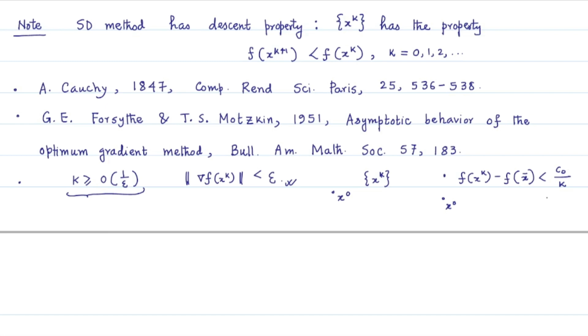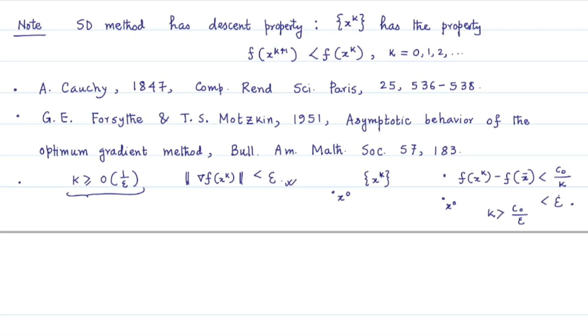From this inequality, you can estimate that to reach an epsilon precise solution to f(x bar), you need c naught divided by epsilon iterations. After this many iterations, obviously f(xk) minus f(x bar) is less than epsilon.